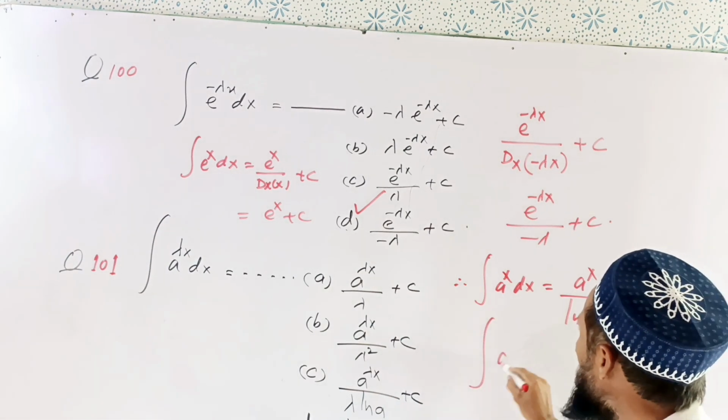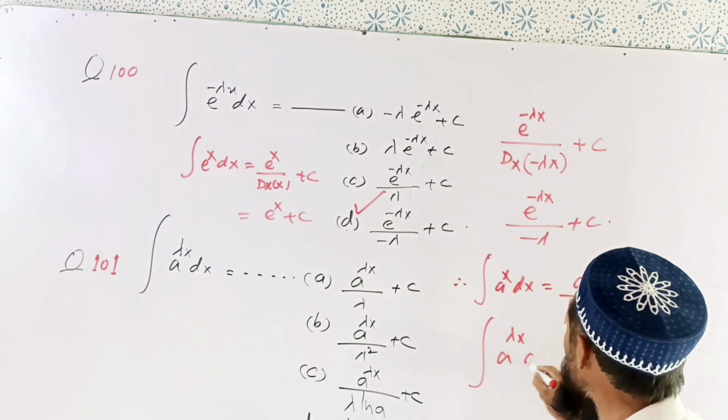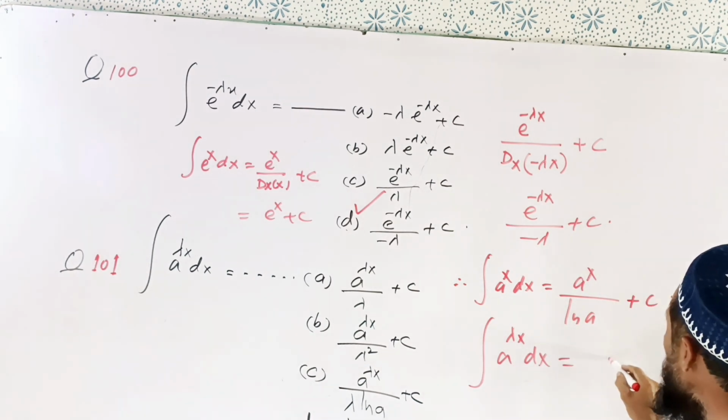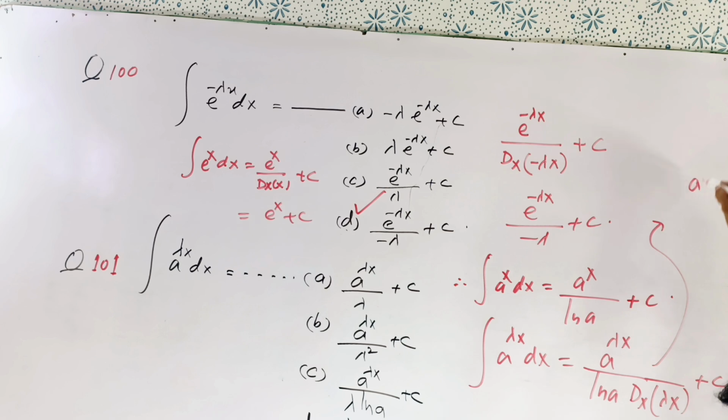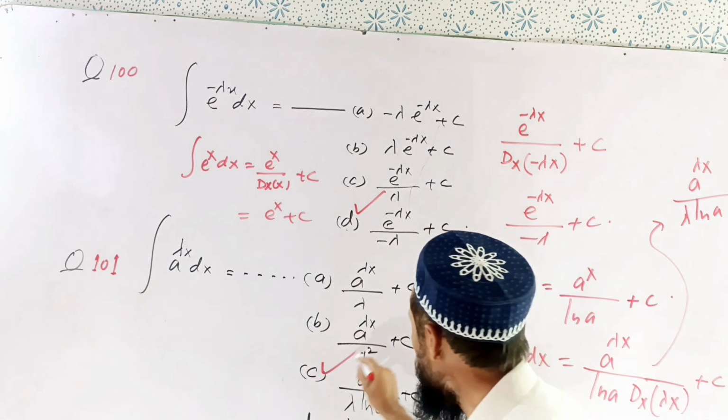According to this formula, we use a power lambda x dx, so log of a and the derivative with respect to lambda x, plus c. So we get a power lambda x divided by the derivative 1 and lambda log of a, plus c. So option C is the correct option.